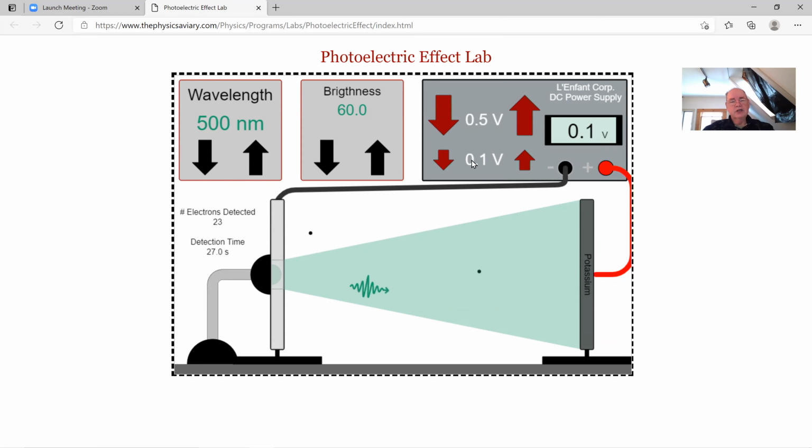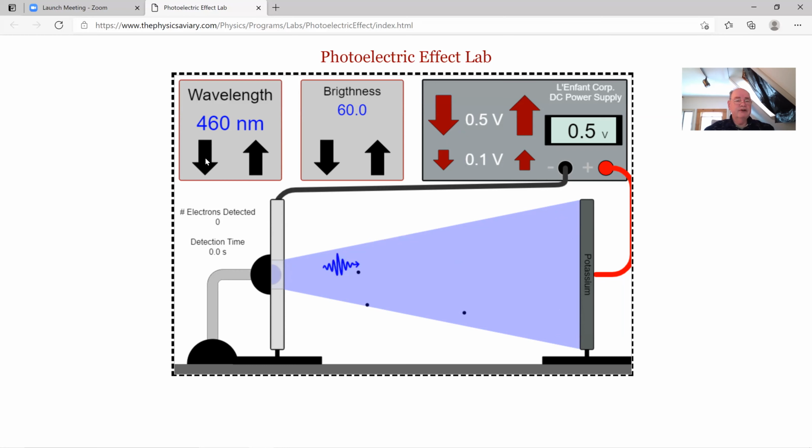Okay, let's bring our voltage back to where we were, and now let's bring down our light. Here is a light of a higher frequency. Can you see that the electrons are getting closer? They're doing a better job. Back to the old voltage. Let's come down even further, to an even higher frequency light. Oh, they're doing a much better job against that same 0.5 volt wind.